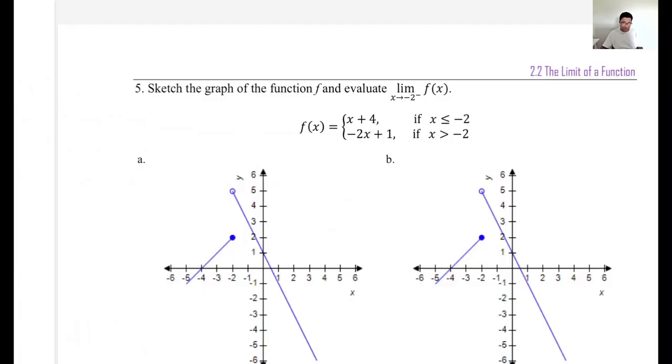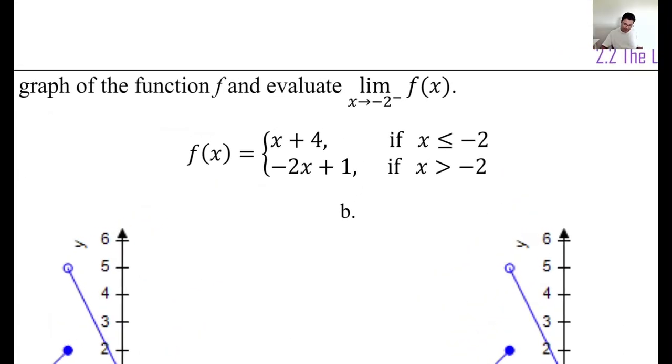Here is one more question of similar type, but right now I have to zoom in to show you where to focus on. We are looking at a left-hand limit only, not the two-sided limit, a one-sided limit. Approaching negative 2 from the left, and that is significant because the rule is changing exactly at negative 2, right?